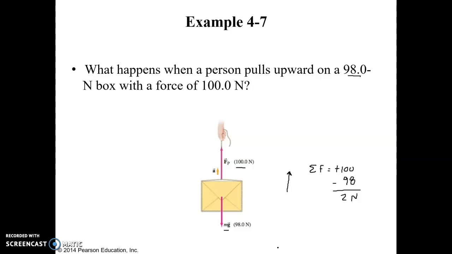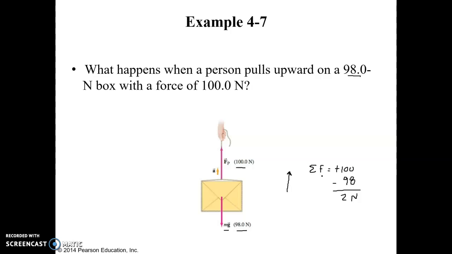We're just simply asking what happens if we have a box that has a weight of 98 newtons and we pull up on it with a force of 100 newtons. It should be pretty obvious that if you pull up on something with a force greater than its weight, you will lift it up. And that's exactly what's going to happen. We have an upward force of 100 newtons, a downward force of 2 newtons.